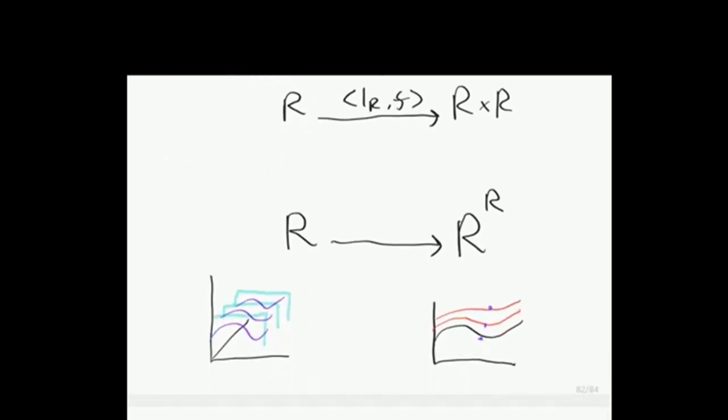So one interesting question is, what's a path in this space of maps from R to R? We can think of it a couple of ways actually. One is that if we have a map from R to R, we can just draw that as a graph. And then we can imagine that graph changing over time, like a string deforming.